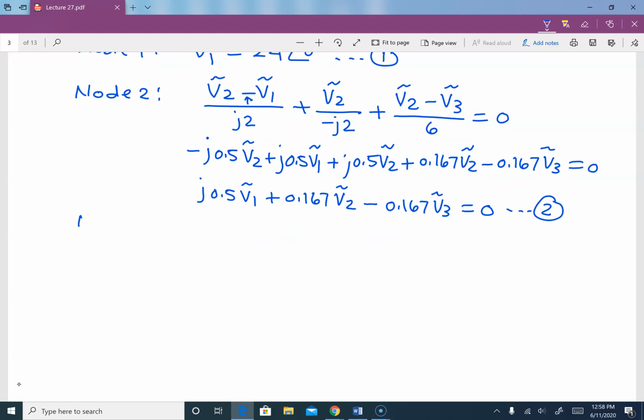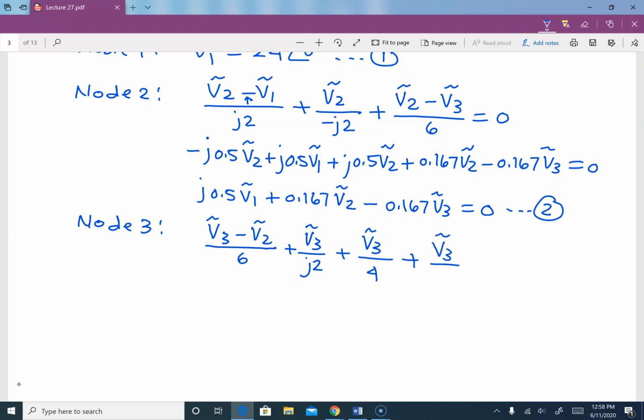Now we need to write at node 3. At node 3, we have V3 minus V2 divided by 6 plus V3 divided by J2 plus V3 divided by 4 plus V3 divided by 2 minus 4Ix, that is equal to 0.